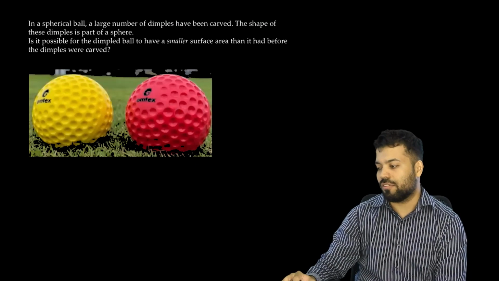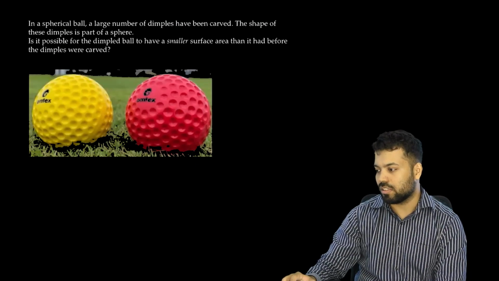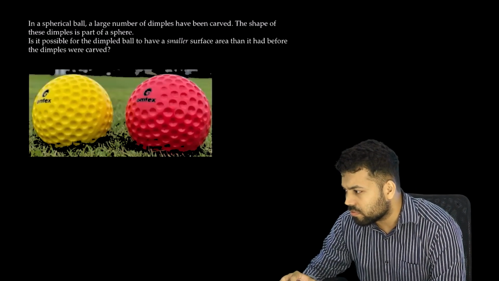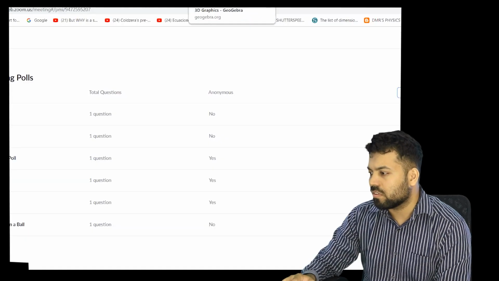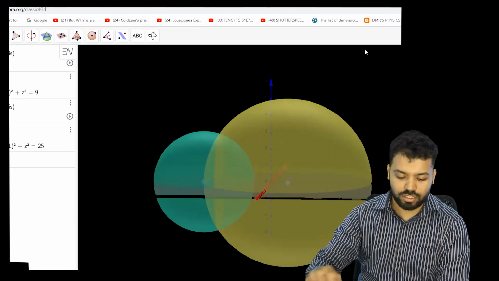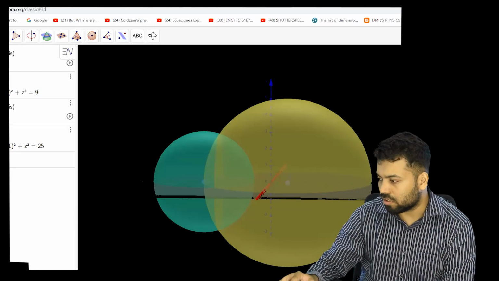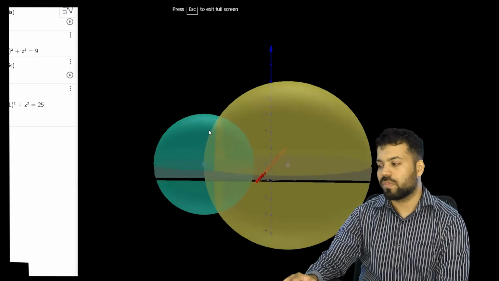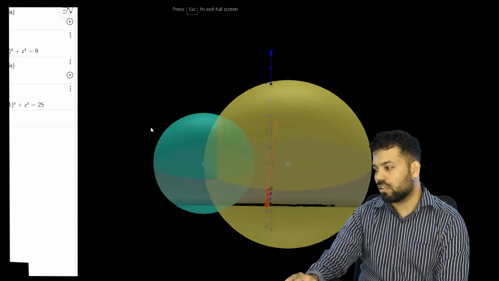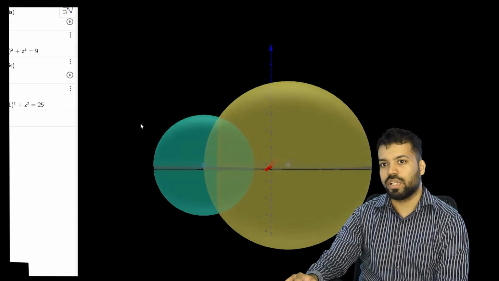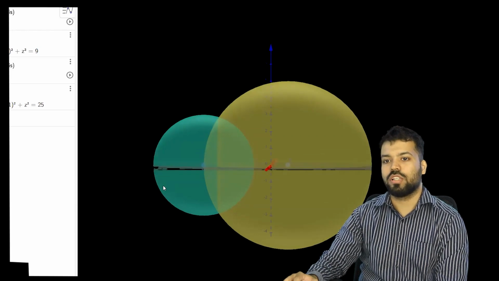But let's see if that is the case. So I'll share my other screen. Just give me 1 second. Okay, I hope my screen is visible now. Now assume that the blue ball is my original ball.